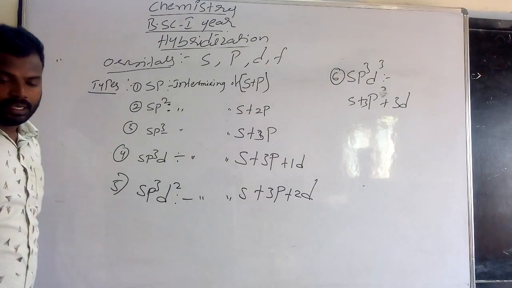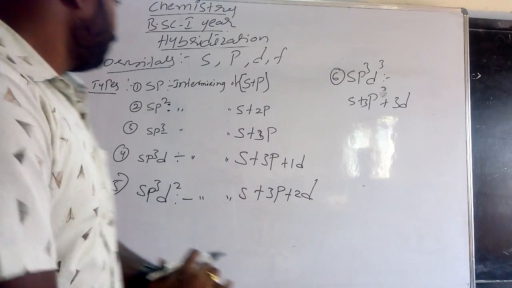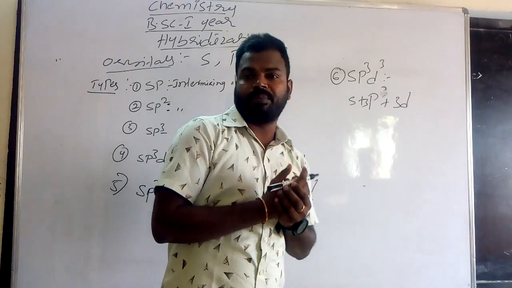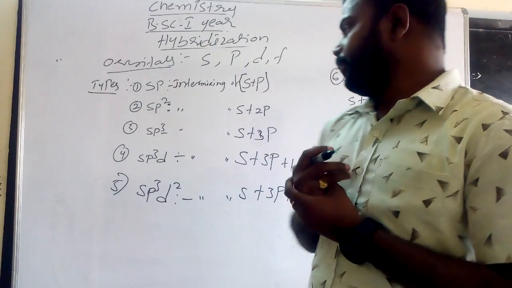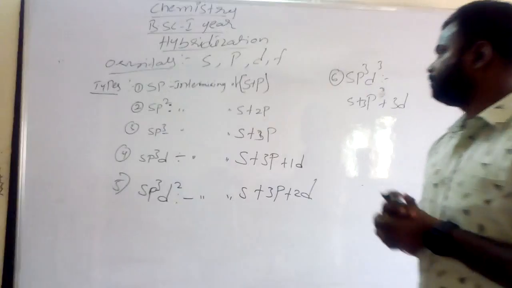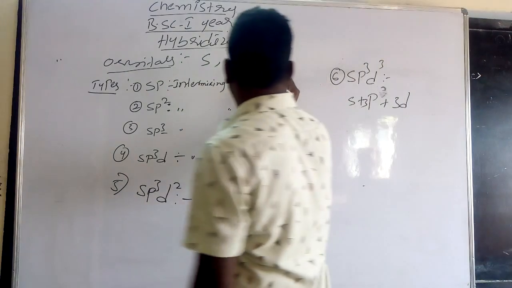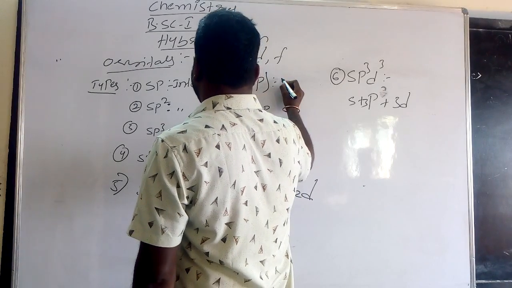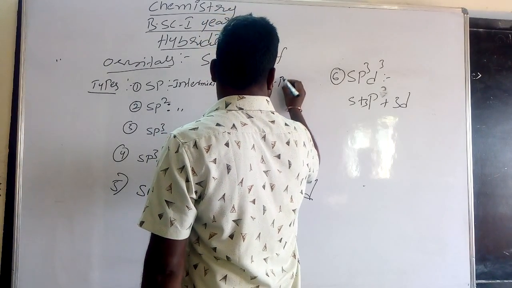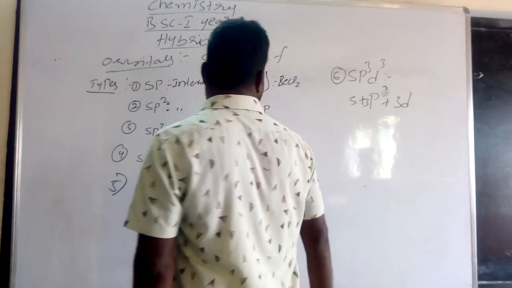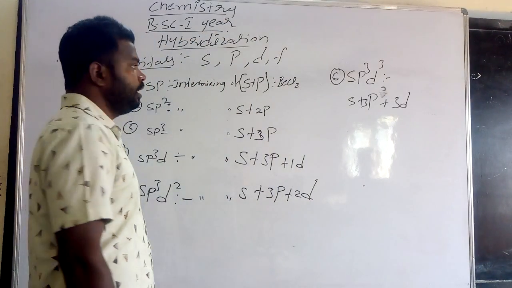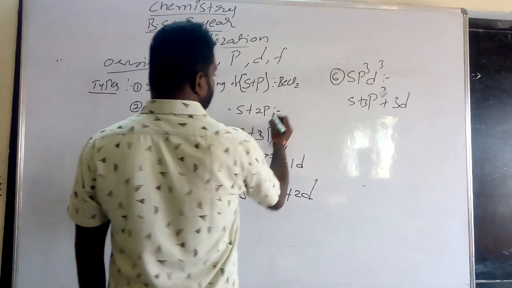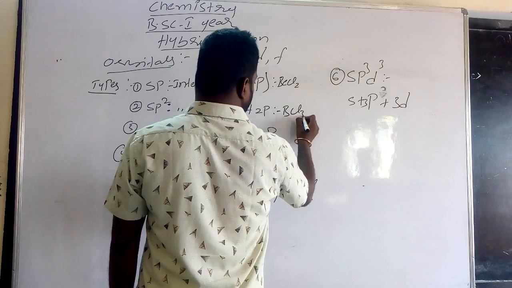Once again I repeat, types of hybridizations. There are 6 types of hybridization: sp, sp2, sp3, sp3d, sp3d2, sp3d3. Now take examples. For sp hybridization example, BeCl2, beryllium chloride. For sp2 hybridization example, BCl3.